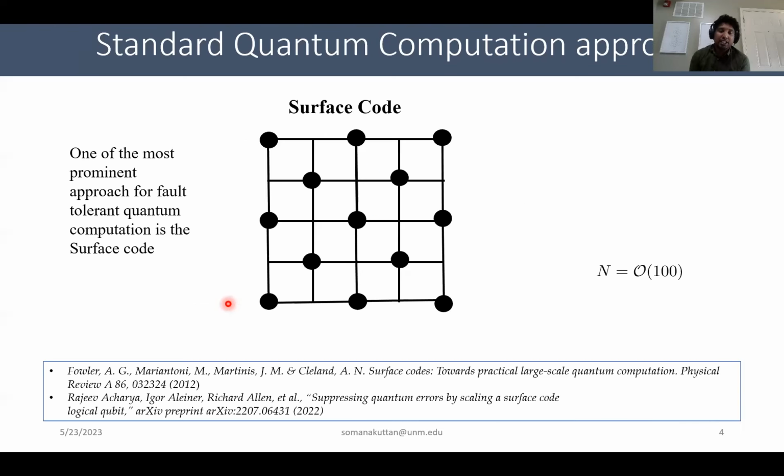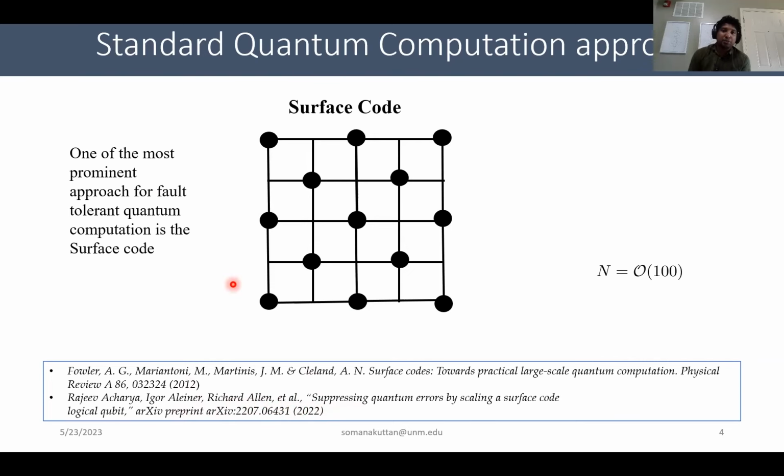Now, in quantum computation there are many more errors to handle compared to classical computation, so the overhead is very large. One way we are trying to achieve fault-tolerant quantum computation is using surface codes. This has recently been implemented in Google's device, like in this paper here.